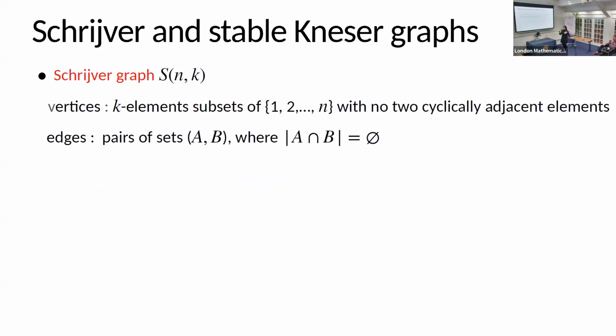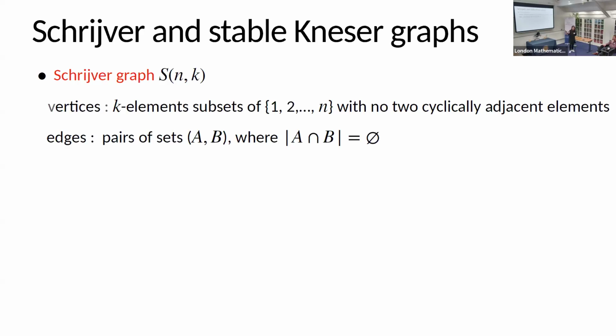Again, I want to talk about a third category of classes of graphs, which are again related to Kneser graphs and also defined by intersecting set systems. These are called Schrijver graphs and stable Kneser graphs. The Schrijver graph has 2 parameters, n and k. The vertices here are a bit different from the Kneser graphs. The vertices are again k-element subsets of 1 to n, but we have to make sure that in the set there shouldn't be 2 adjacent elements.